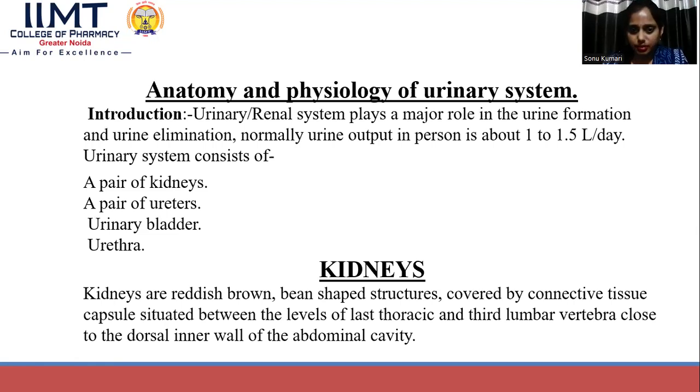Now discuss about the kidney. Kidneys are the reddish brown bean-shaped structure covered by the connective tissue capsule, situated between the level of last thoracic and third lumbar vertebra close to the dorsal inner wall of the abdominal cavity.